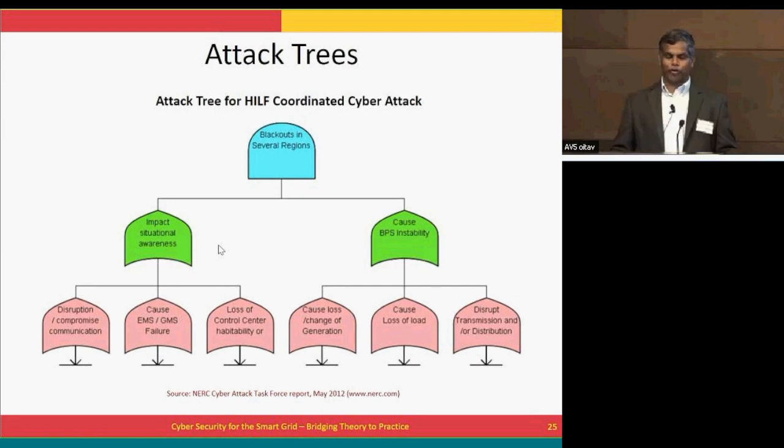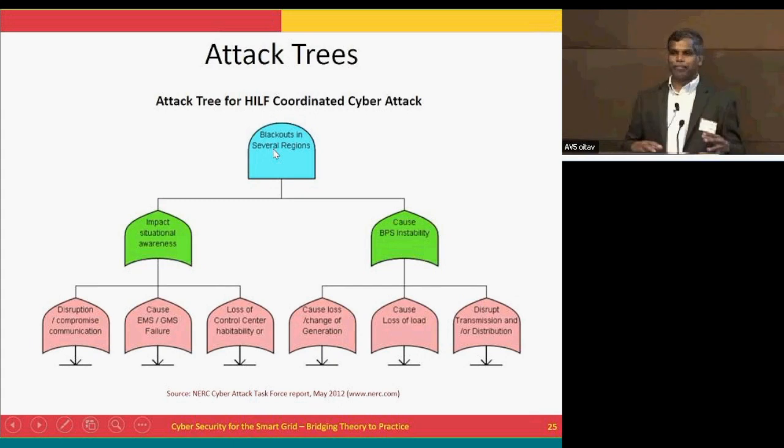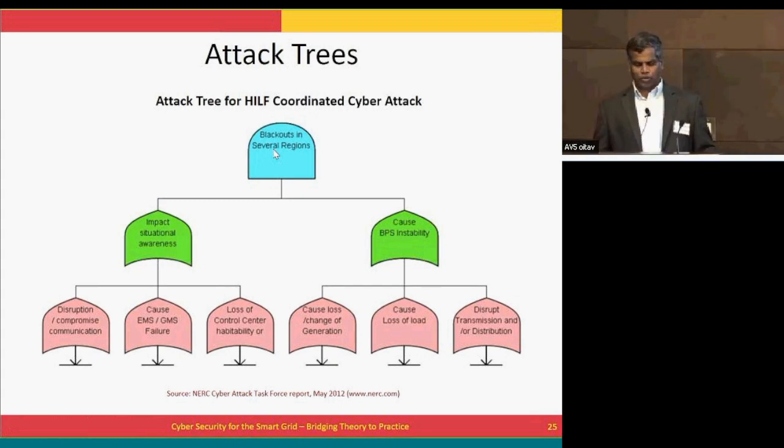One scenario could be that there is a disruption in the communication network and there is a line outage. Another scenario could be that the EMS failed and there is a huge loss of load. That will lead to this at the top. So one can mix and match all those different scenarios. This is at the top level.